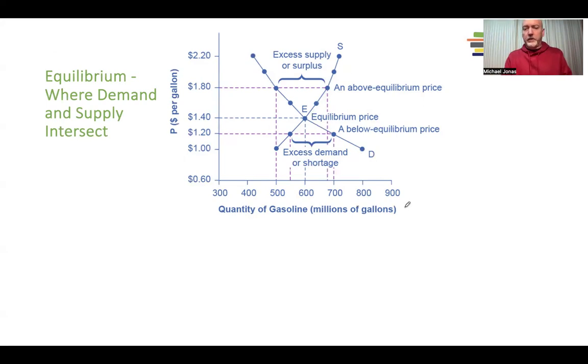As a simple example, we've got some points along the demand and supply curves in an imaginary market for gasoline, but it's the mechanics that are more important than the numbers here. If we start at a price above that intersection point, for example $1.80, quantity supplied is greater than quantity demanded.